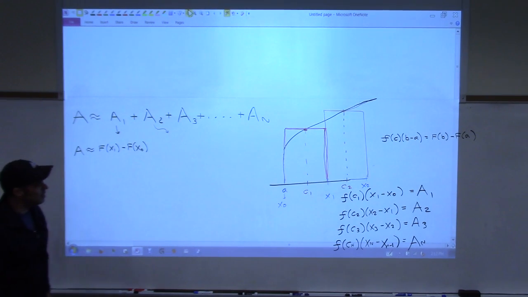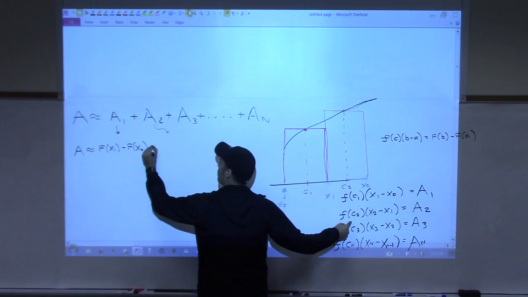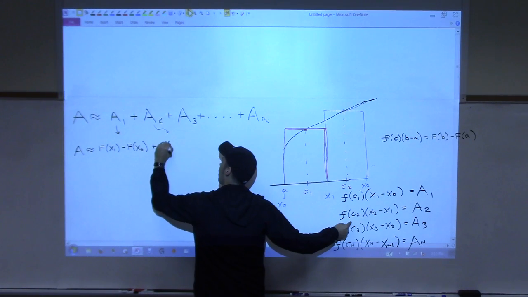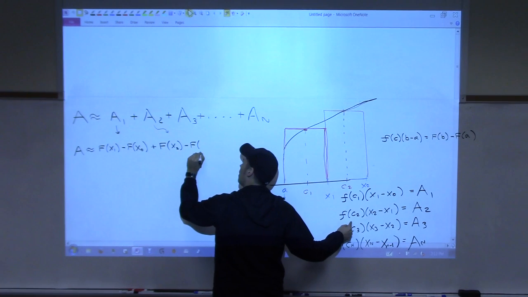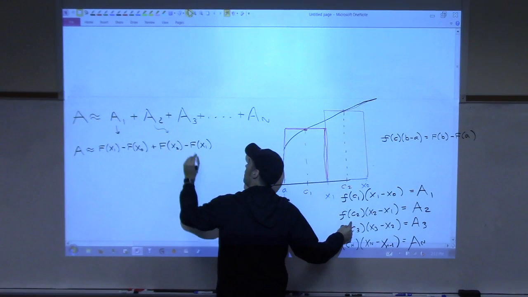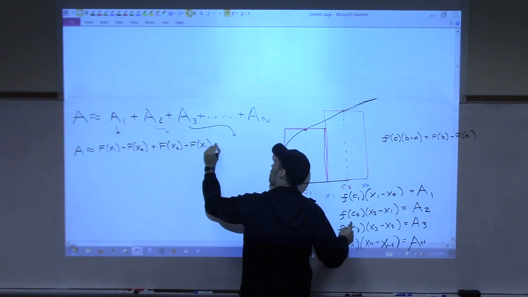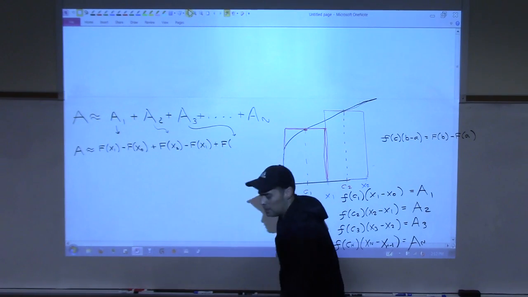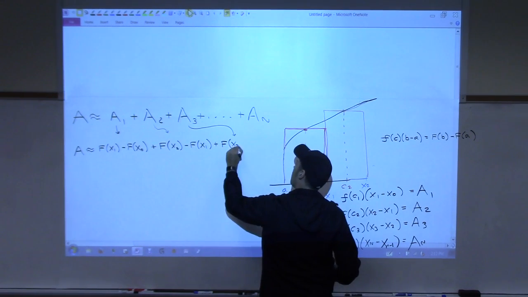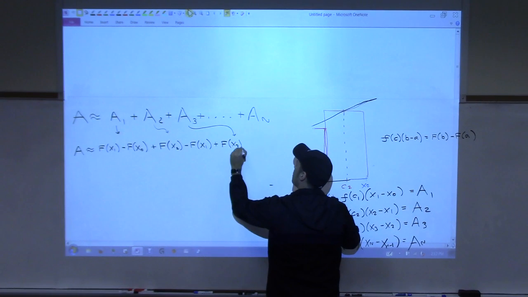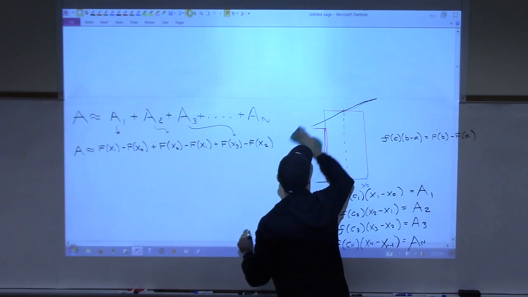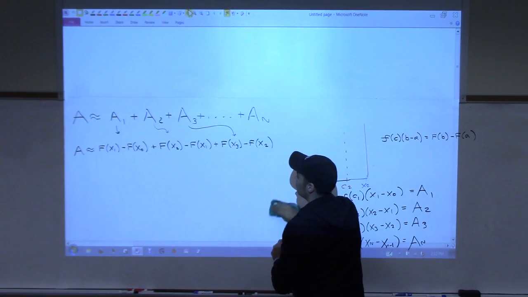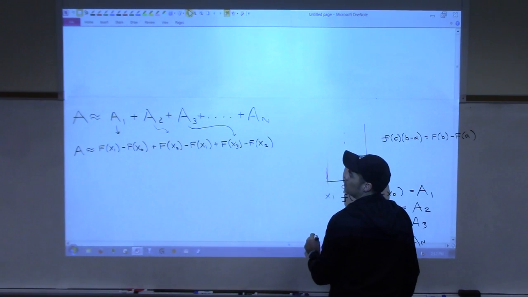What's the area of the second rectangle? So I say plus capital F of what? x sub 2 minus capital F of x sub 1. Give me the next one. Capital F of x sub 3 minus capital F of x sub 2. Wait a minute.